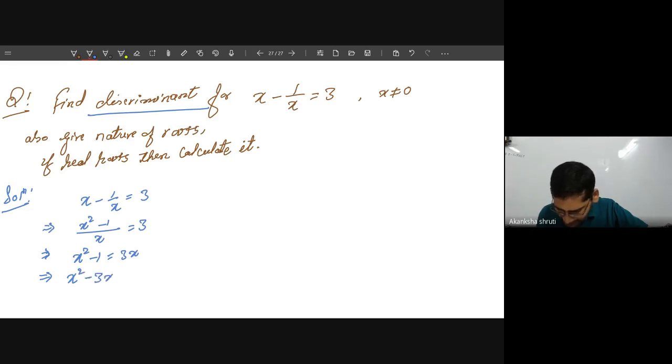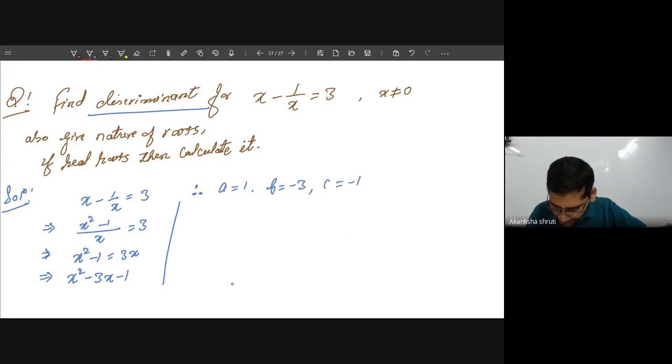So x square minus 3x minus 1. Comparing, we get A is equal to 1, B is equal to minus 3, C is also minus 1. Sign is very important, student.